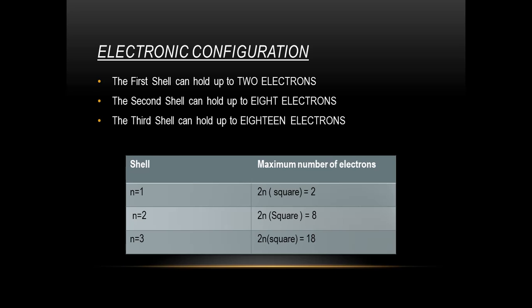What is a shell? A shell is the circular path around the nucleus where electrons can revolve. The first shell can hold a maximum of 2 electrons. The second shell can hold up to 8 electrons, and the third shell can hold up to 18 electrons. So this is the number that these shells have.